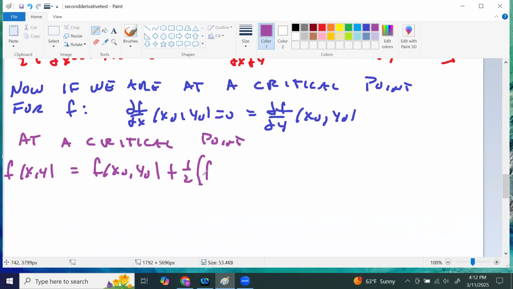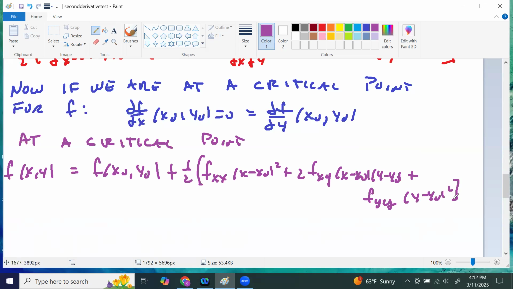And I'll just go ahead and use this notation here just because it doesn't take as long. And I'm understanding that you're plugging in x naught, y naught here. Plus this other thing here. Better scroll down. Plus your remainder here. So it's going to look like that.